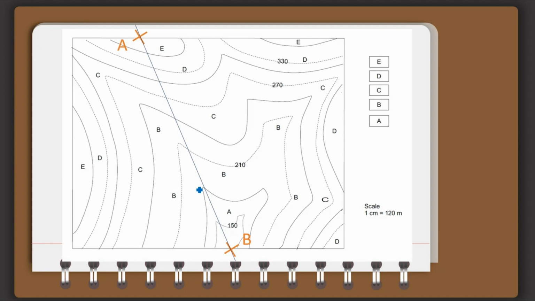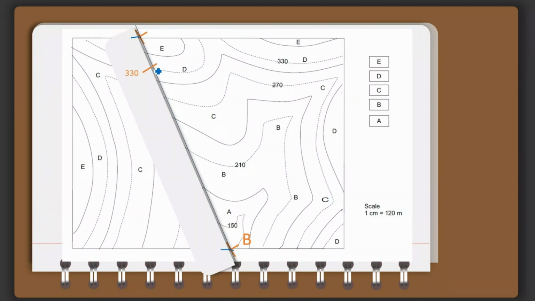We take a small strip of paper, torn from your A4 size paper, and keep that strip on this line AB, and mark A and B. Then I identify where the contours intersect this sectional line. Here it is intersecting, and that contour value is 330. I note that down.